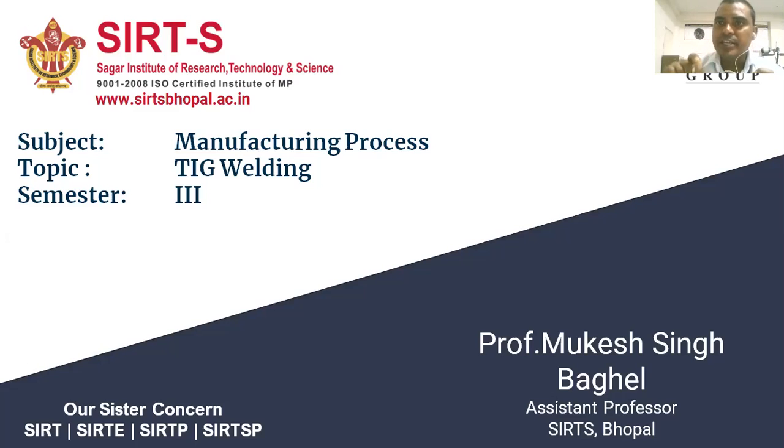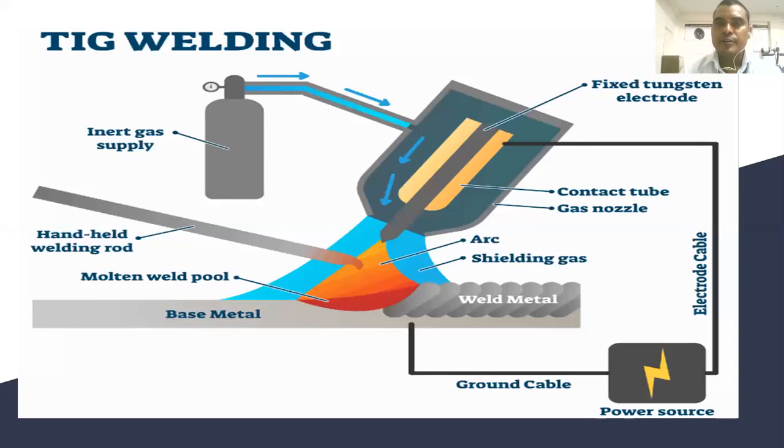Today we will discuss especially TIG welding. My dear students, TIG means tungsten inert gas welding. In this welding we are using a non-consumable tungsten electrode. Let's explain with the help of a diagram. You can see in this figure the arrangement of TIG welding.